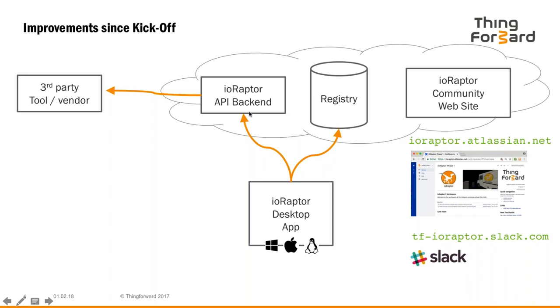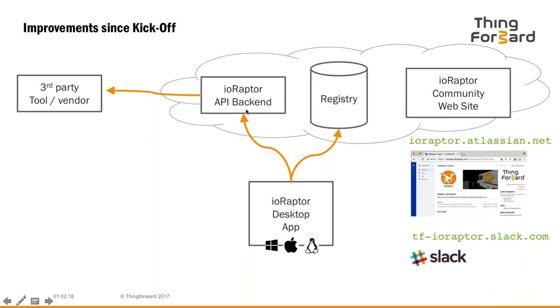And there's an API backend to connect to for mainly user management and stuff, which itself might talk to third-party tool vendors to exchange registration information. And then we are starting to build a community website, which is sort of closely coupled to this API backend.